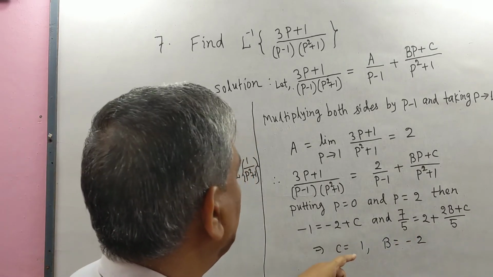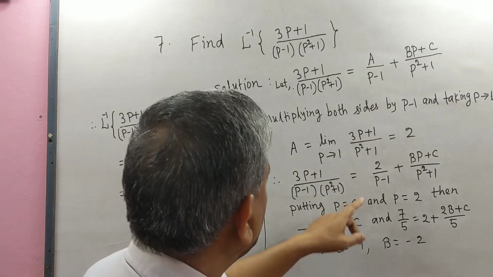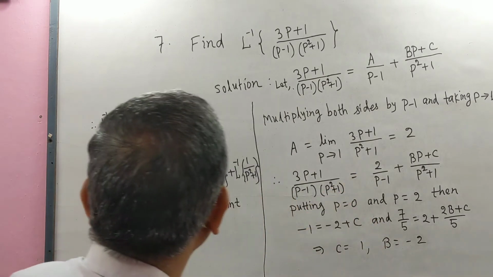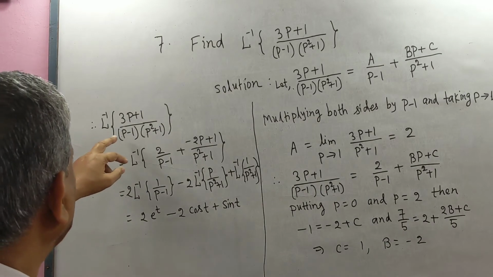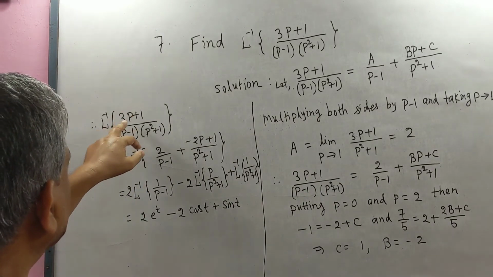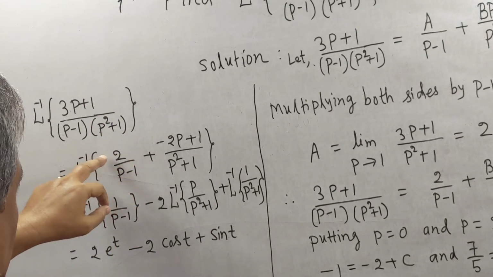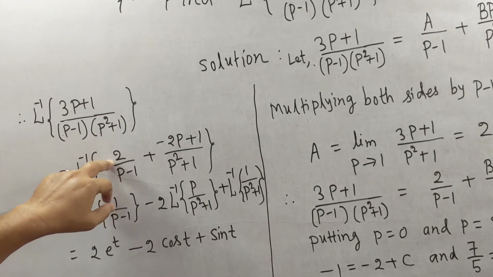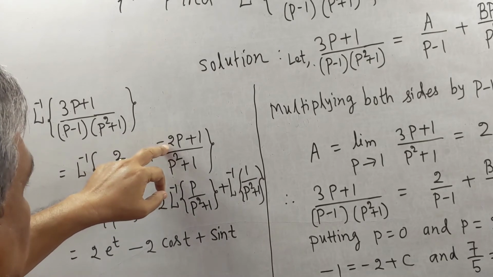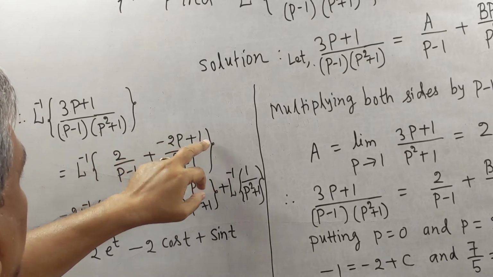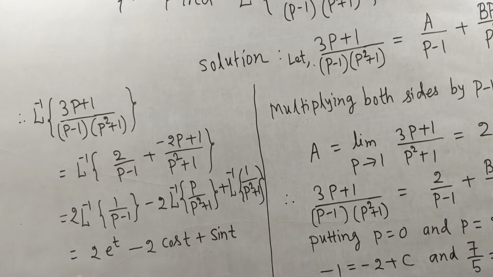Putting the values of a, b and c in L inverse of 3p plus 1 by p minus 1 into p square plus 1. Here a is 2, b is minus 2 and c is 1. So we take the inverse Laplace transformation of individual terms due to the linearity property of inverse Laplace transformation.